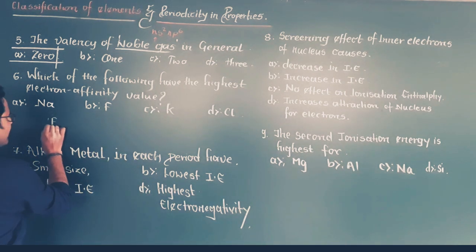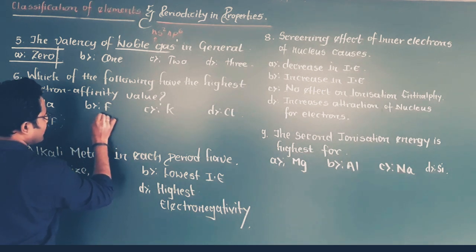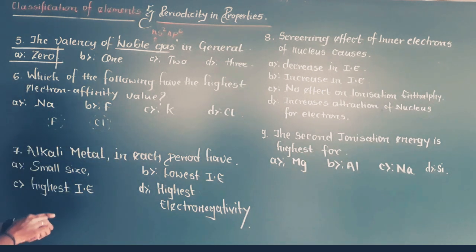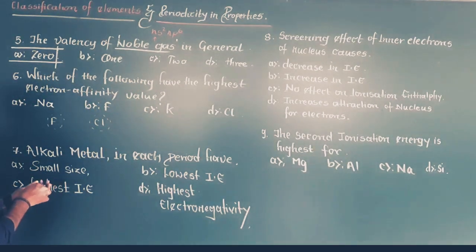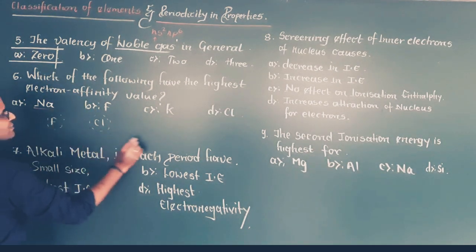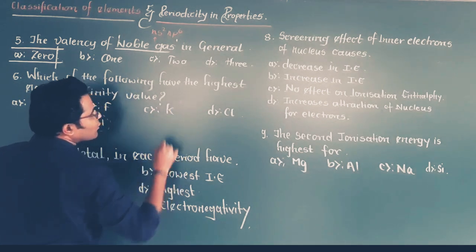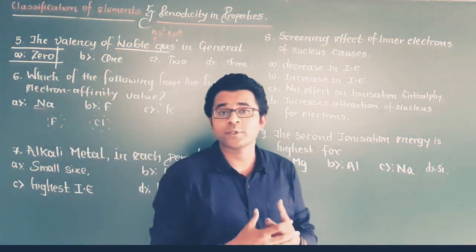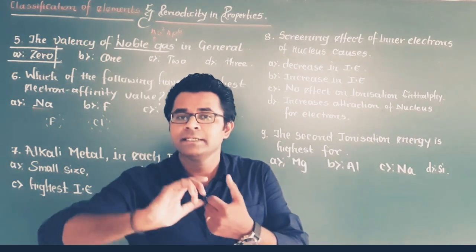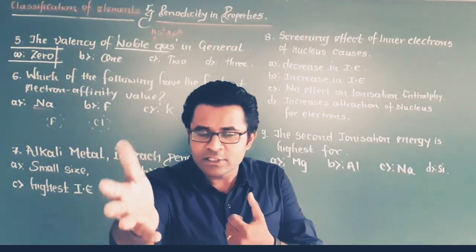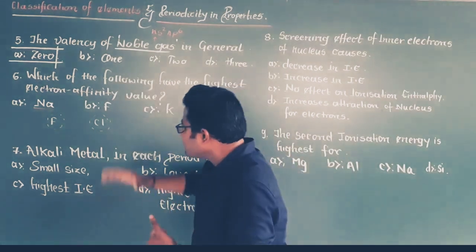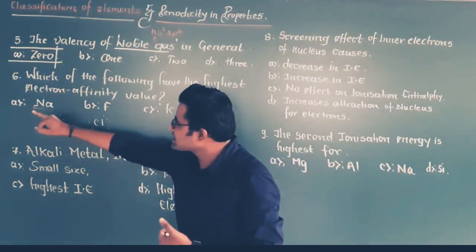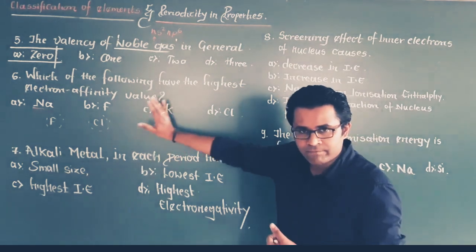So, fluorine and chlorine have a tendency of accepting electrons, while the alkali elements which we have over here, sodium and potassium, are ruled out because these are electropositive elements. That means they are going to give electrons, not accept them. So, the things ruled out over here are sodium and potassium.